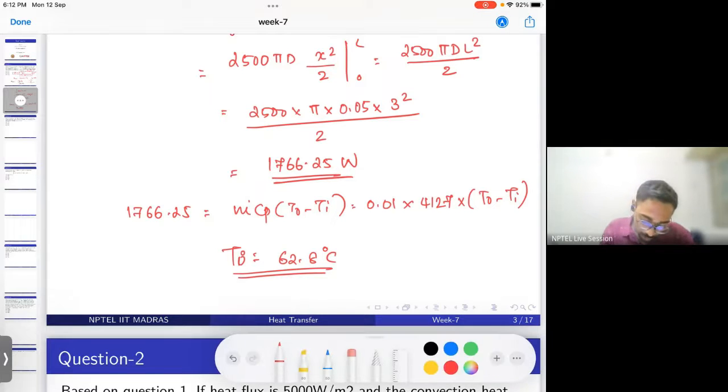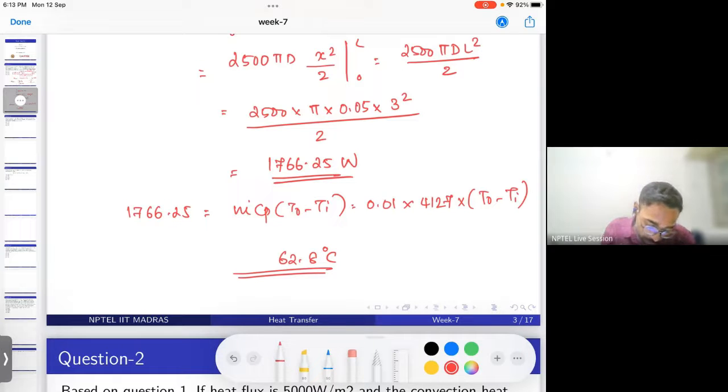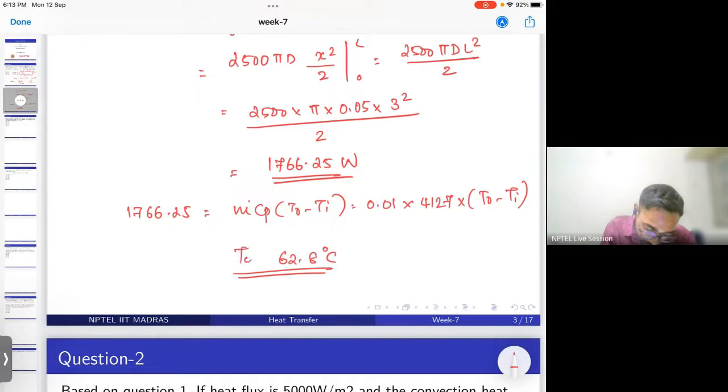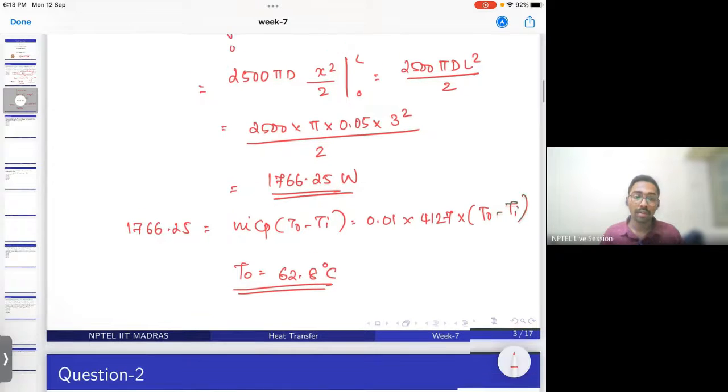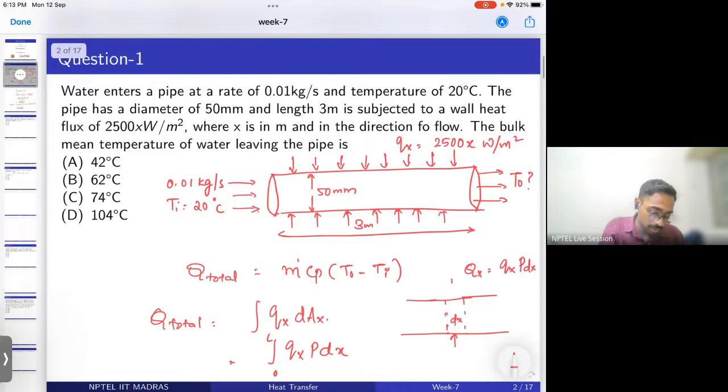So this is the exit temperature of the water, 62.8 degrees Celsius. So the answer to this question is B.